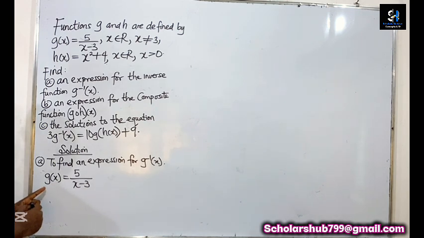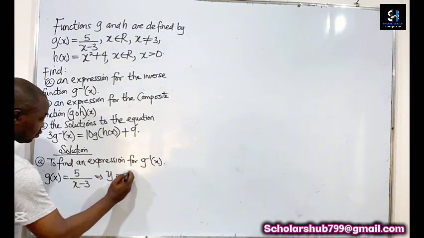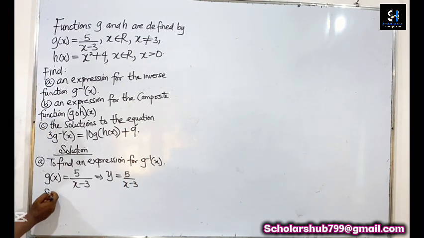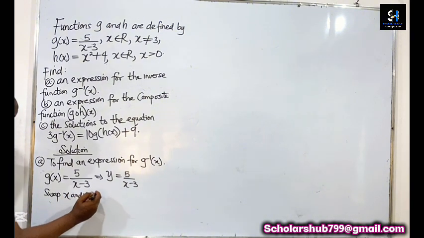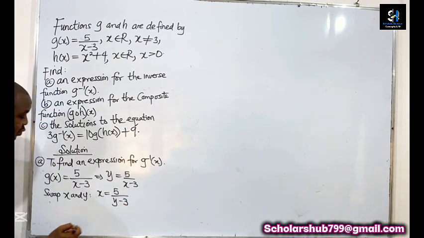So I'm going to change this to y, to make it easier. So y equals 5 over x minus 3. Then now I can swap x and y, so that this will be x equals 5 over y minus 3.